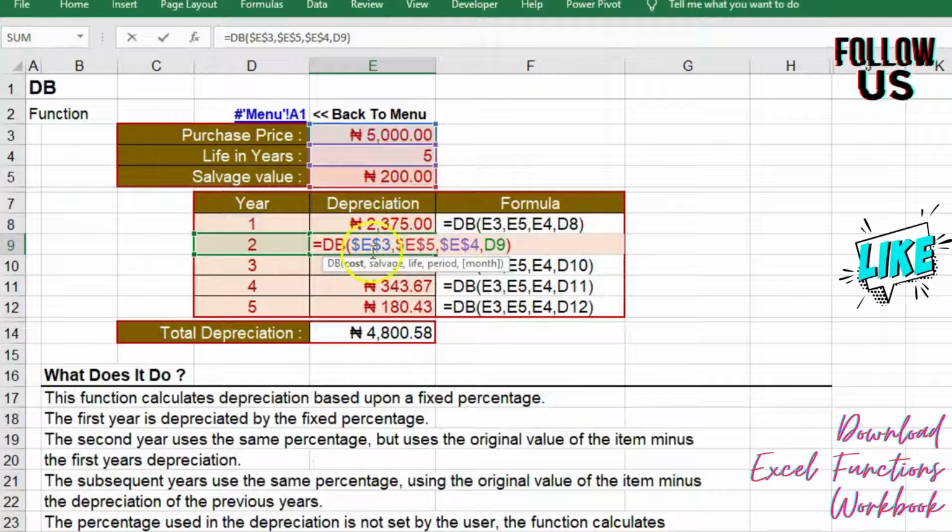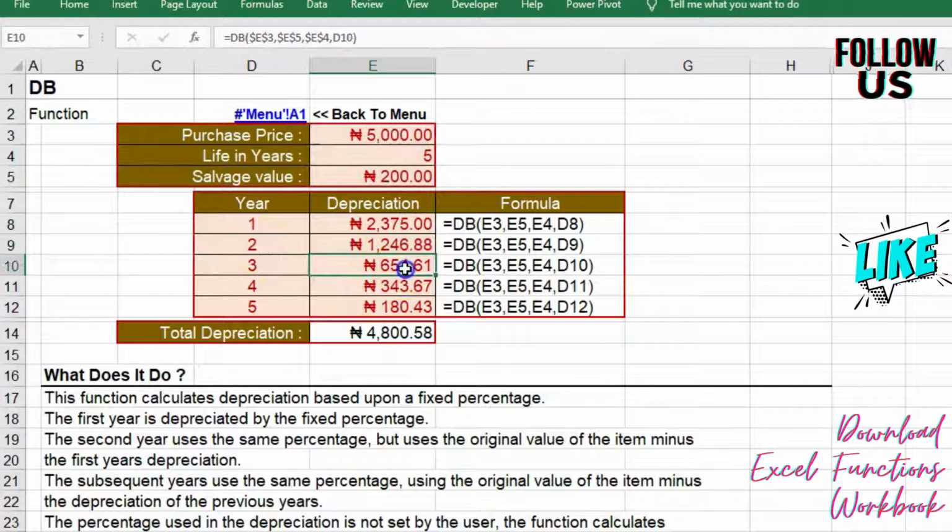All I need to change is the last argument to 2. And for the third year, this and this. If I sum up all the depreciation, I will have 4,800, which is considering the salvage value. You can see 200 difference.